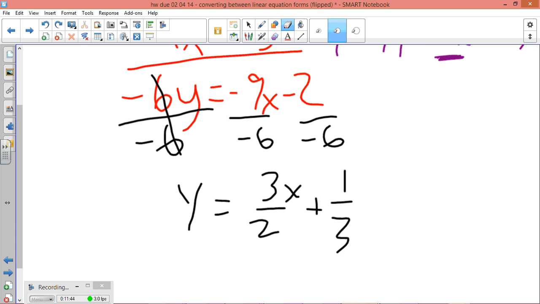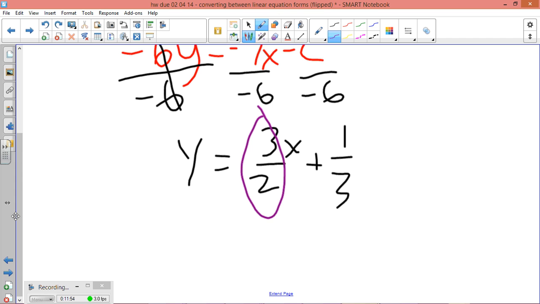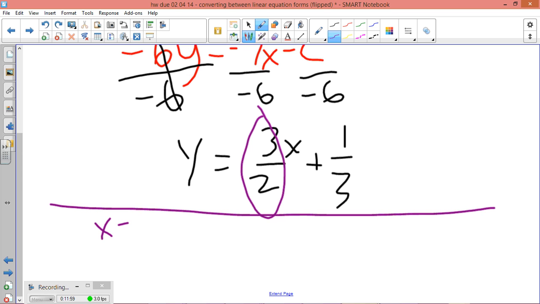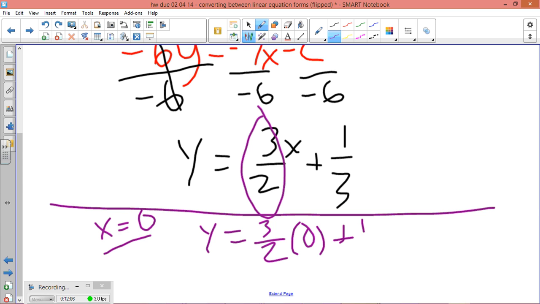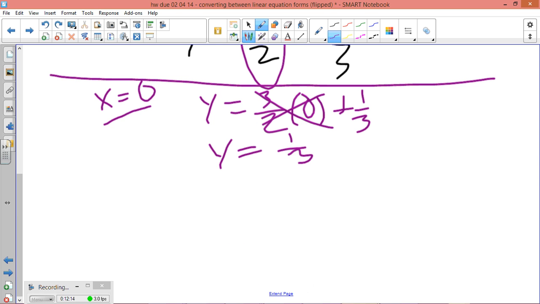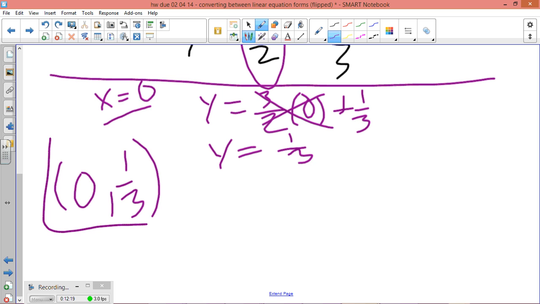Well, now I can do exactly what I just did in the previous step, because I know that my slope is 3 over 2. And now to find a point so that I can use point slope form, I am going to pick x to be 0, and then I'm going to have y equals 3 halves times 0 plus 1/3. So y equals 1/3. Okay, so I have a point. My point is 0, comma 1/3. I have a slope.